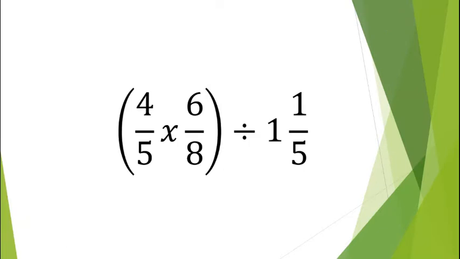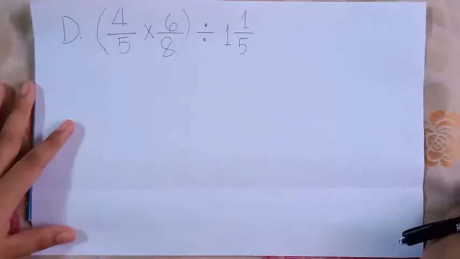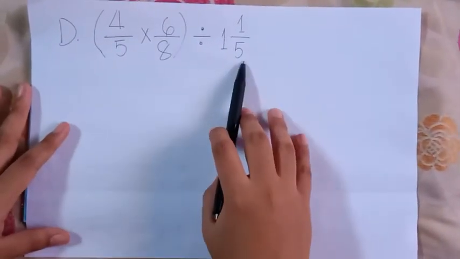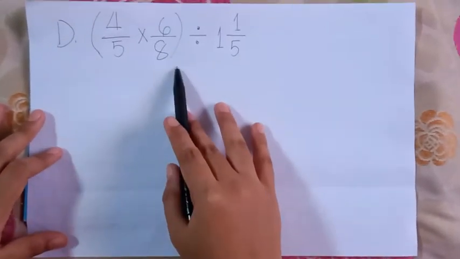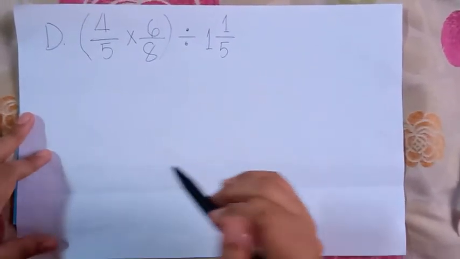So let's try another. We have the quantity of 4/5 times 6/8 divided by 1 and 1/5. So let's get started to find out what our answer would be. Go. Okay, so as you can see in letter D, we have the PEMDAS rule, right? Because we have parentheses, multiplication, and division.